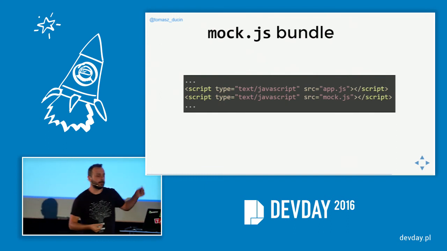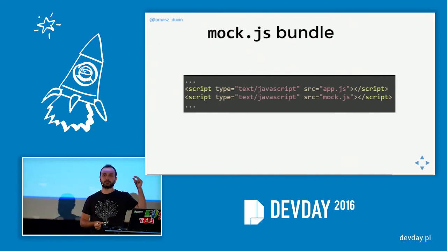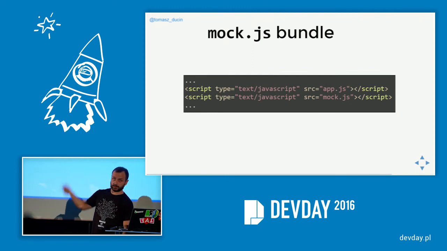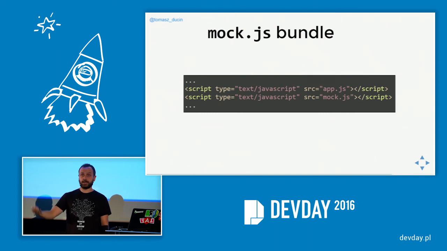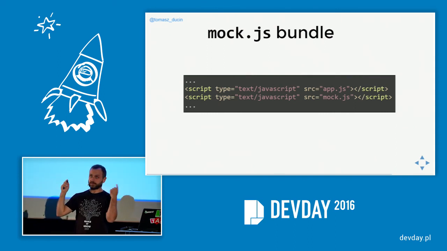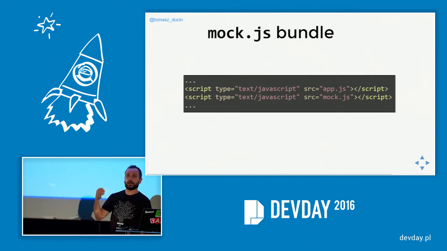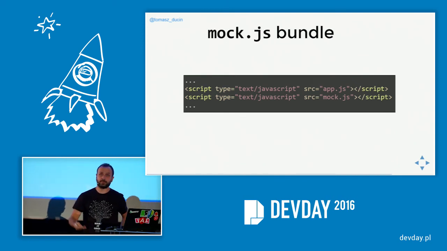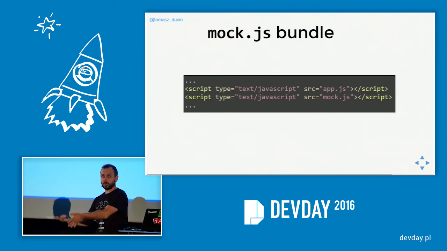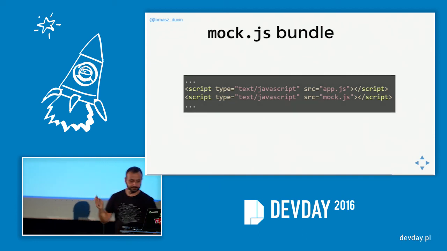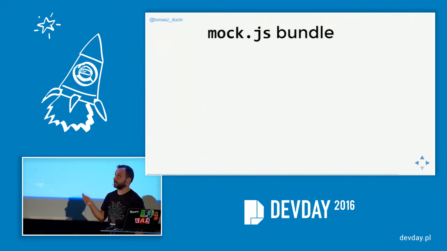And now, if we include the mock.js file, then the whole API is going to be mocked. If we don't include it, then we just talk to a real API, right? And we use including or not this file as a, let's say, build process parameter. Either build the application on mocks or not. So we will see how we can achieve that.